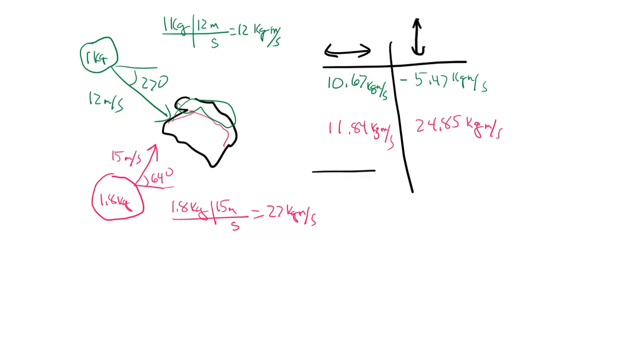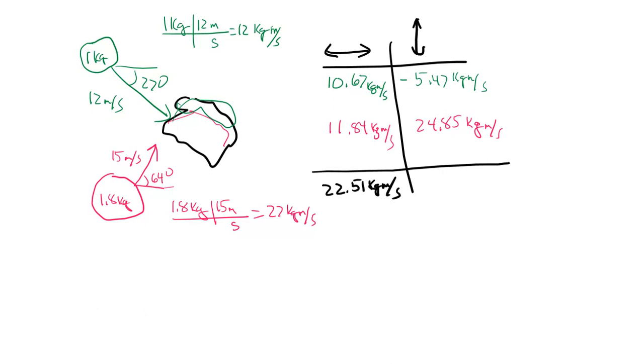Now I can get my total initial momentum. 10.69 plus 11.84. So before the collision, the total momentum horizontally was 22.51 kilogram meters per second.